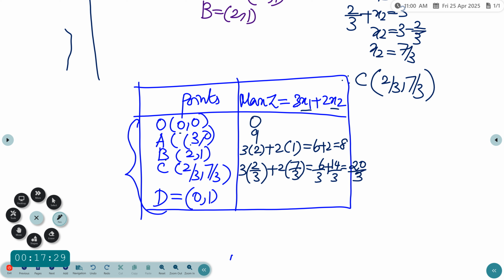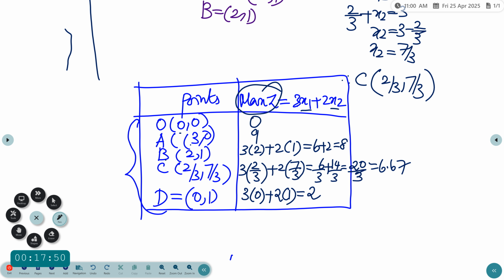Now 0 comma 1, x1 value 0, x2 value 1, then this answer is 2. Now this is 6.67.